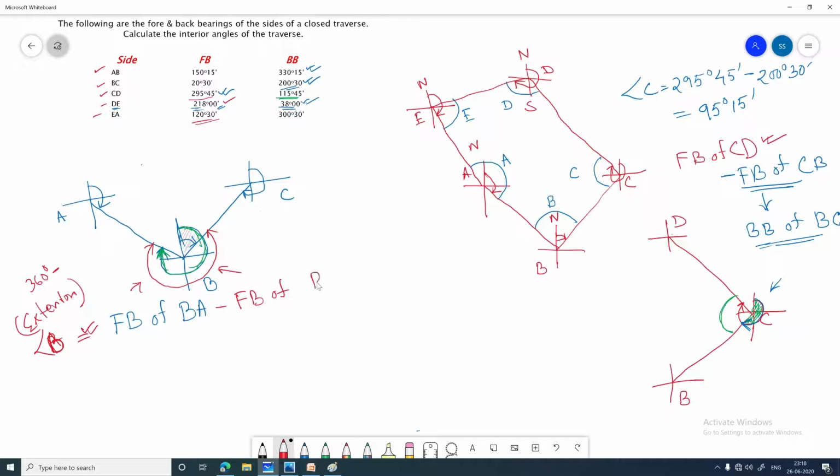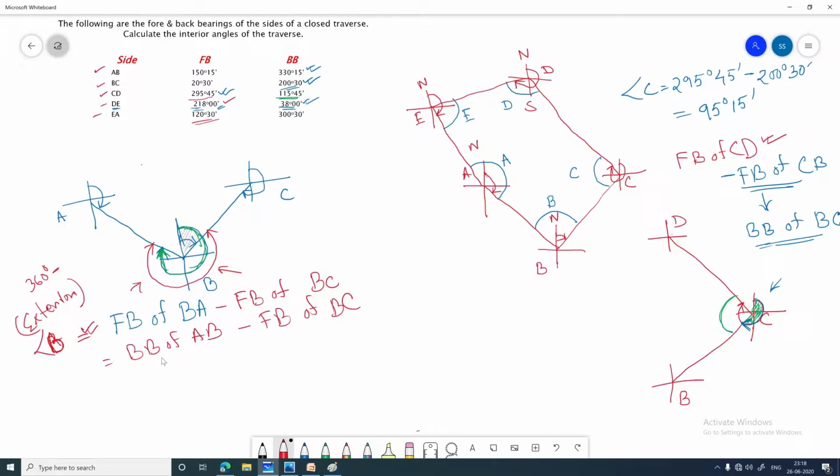So exterior angle B equals forebearing of BA minus forebearing of BC. You just imagine, this is BA, this total angle, and this is BC, this small angle. I am subtracting this shaded area so that I can get this total exterior angle. So exterior B equals the forebearing of BA, meaning the back bearing of AB, minus forebearing of BC.